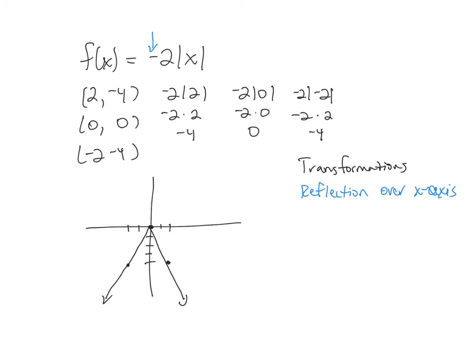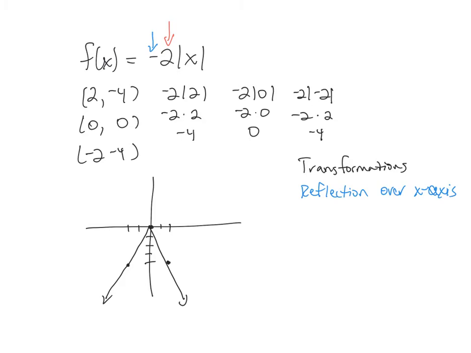Okay? But then I also have this 2 right there. And you might look at it and say, well, that negative 2, it all goes together. It does, but the negative causes the graph to do one thing, and the 2 causes the graph to do something else. If you notice, this graph is skinnier, and that one's skinnier.